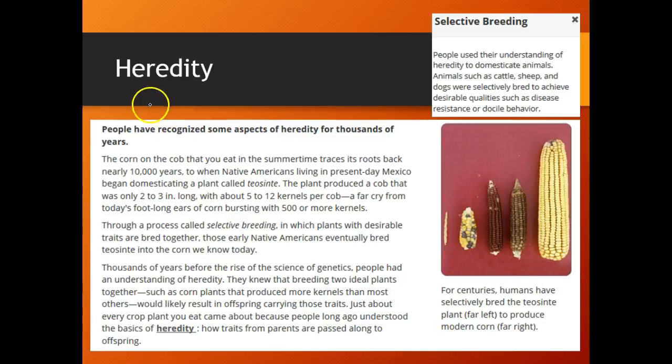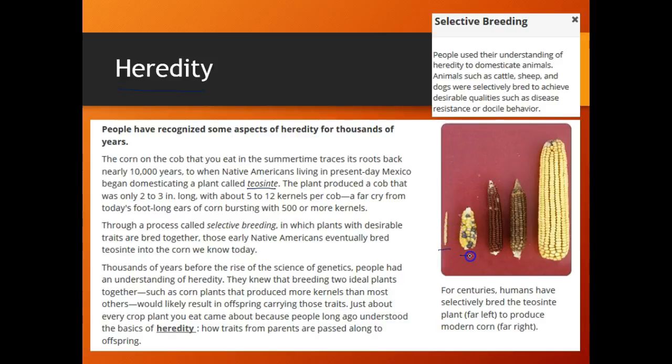Okay, so let's first look at what heredity is. We have a really simple example. We have this plant called the teosinte, and the teosinte is basically the primitive form of corn. The Native Americans had access to the teosinte, and eventually when they saw certain plants belonging to the teosinte family with desirable traits, they started to breed those with one another over and over again.